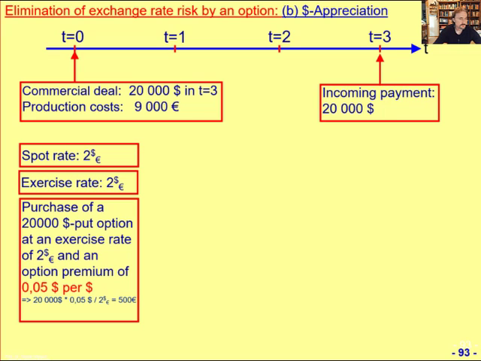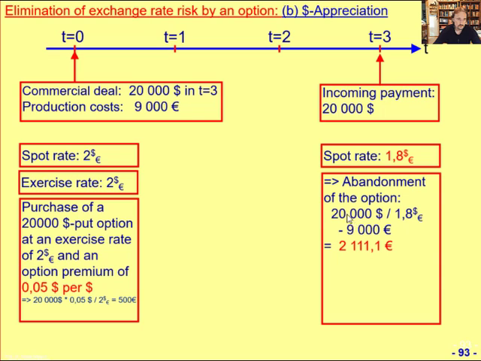Now comes the interesting part of the story. If, let's say, the dollar appreciates now versus the euro on the spot market at a spot exchange rate of, for example, $1.8 per euro, we could use our right not to use the option and instead exchange the incoming dollar payment of $20,000 at the spot exchange rate of $1.8 per euro.